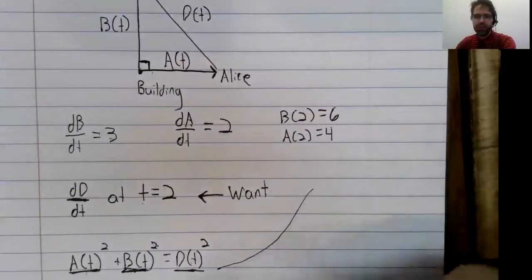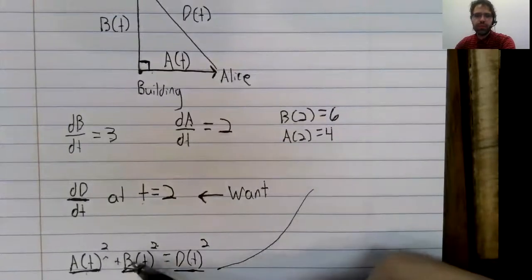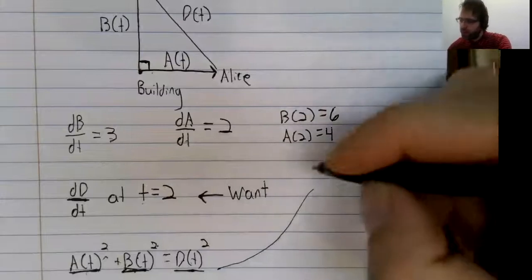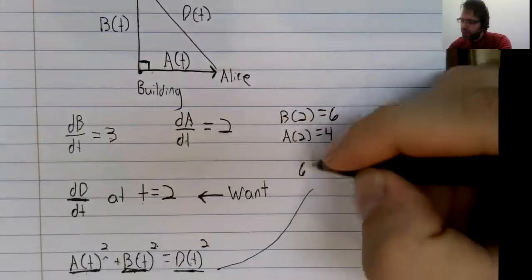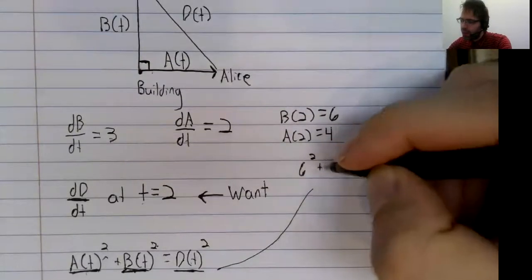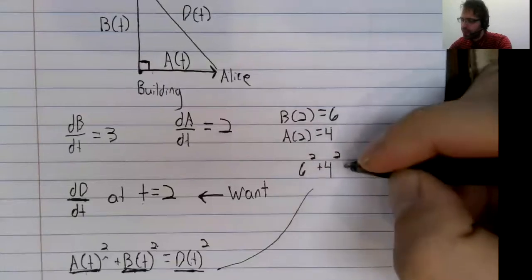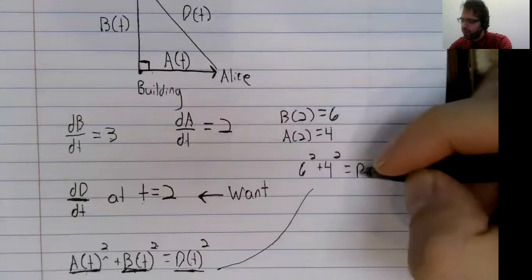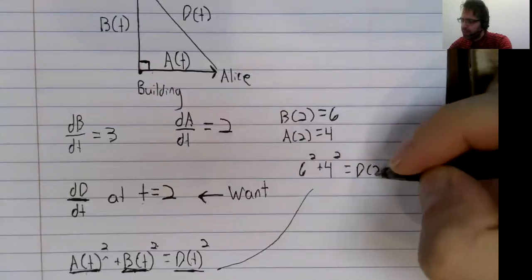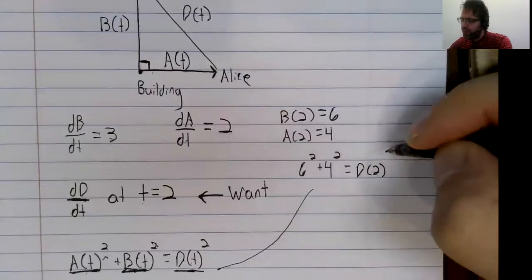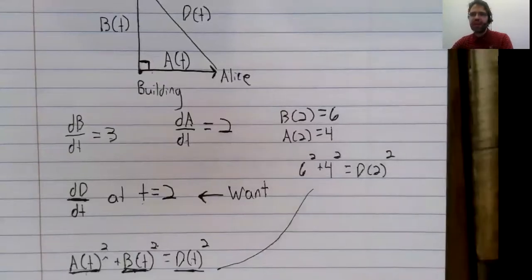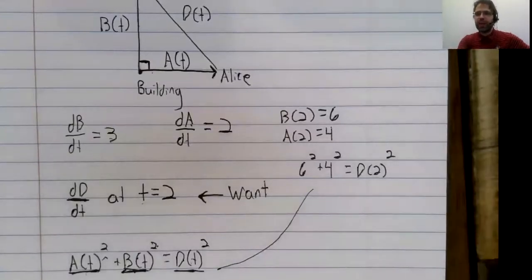D of 2 we can find using this equation. 6 squared plus 4 squared equals this value squared.